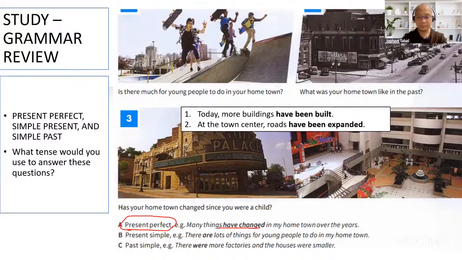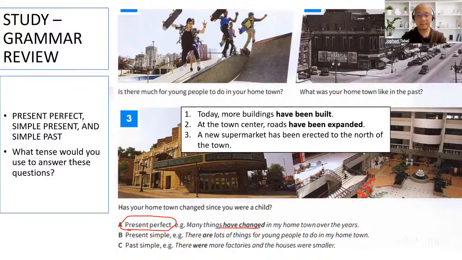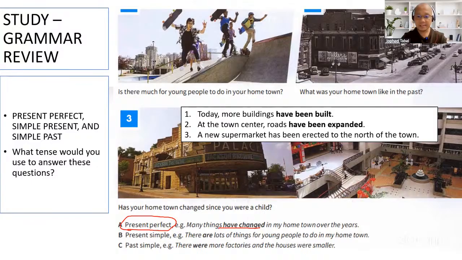And you can say, for example, a new supermarket has been erected, which means built. A new supermarket has been erected to the north of the town. So we have here has, have plus past participle.